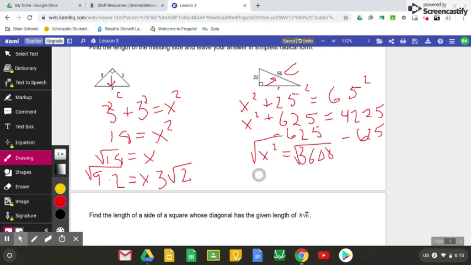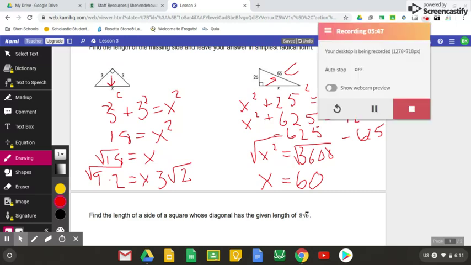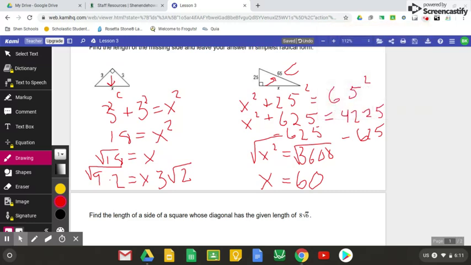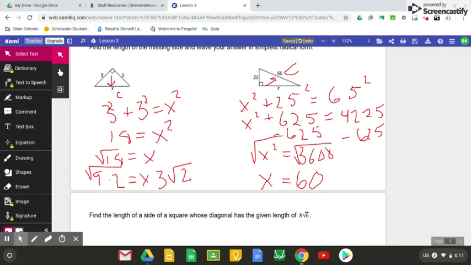It says leave in simplest radical form, but I always check first. If I take the square root of that number, what happens? Oh, hey, if I take the square root of 3,600, I get 60. And guess what? That is simplest radical form. All right, let's move on.